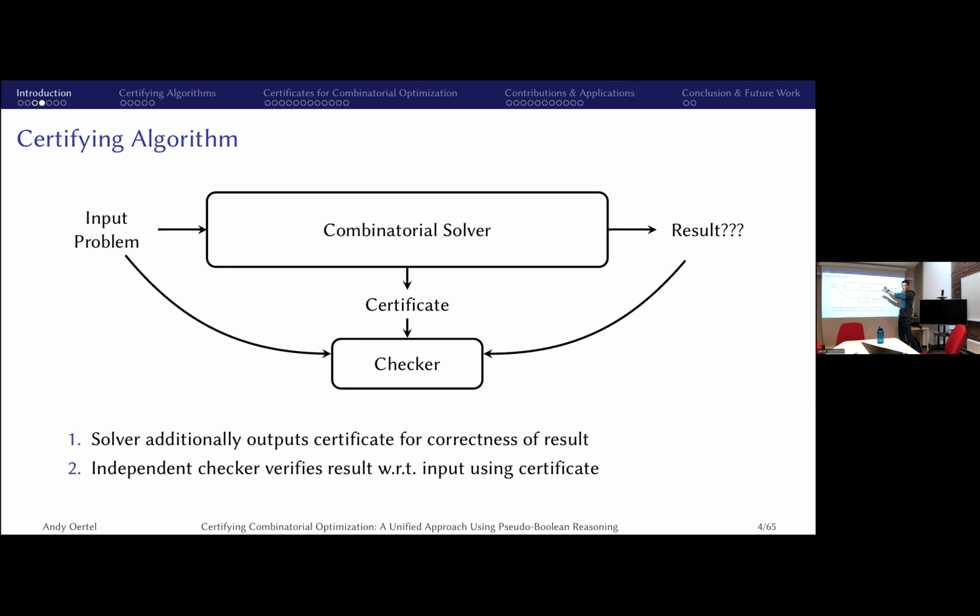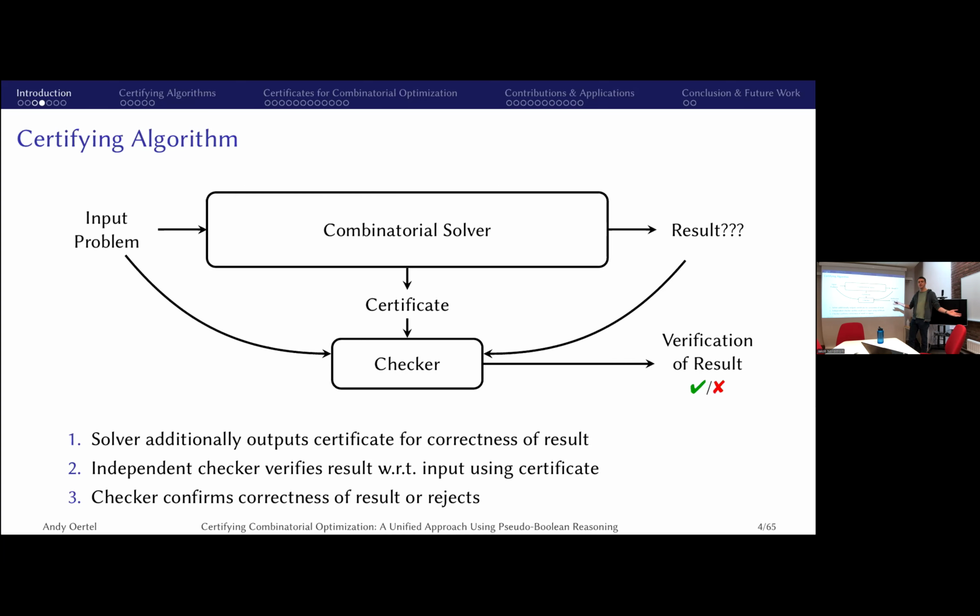Well, we would like to do this now for these combinatorial optimization solvers. But as I told you, they're very different. There's SAT, mixed integer programming, and so on. So maybe we first look at one specific problem. This one specific problem that we look at is pseudo-Boolean optimization.